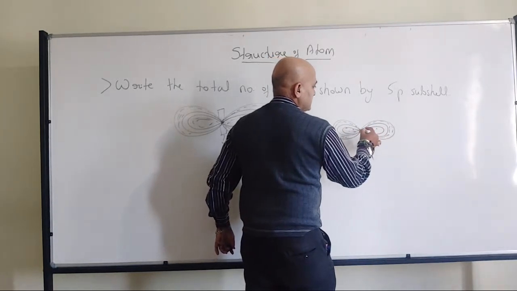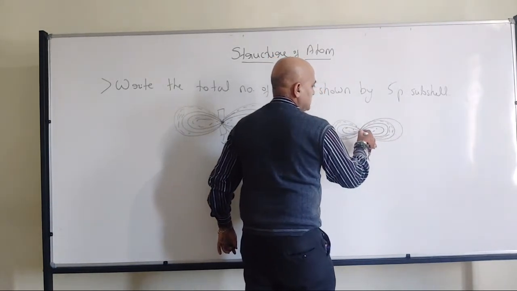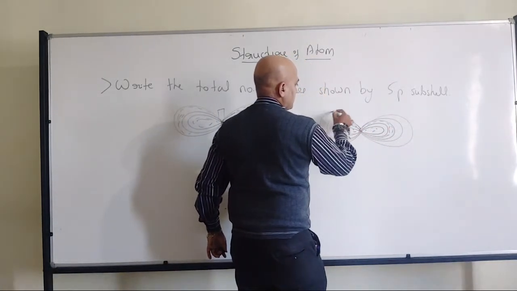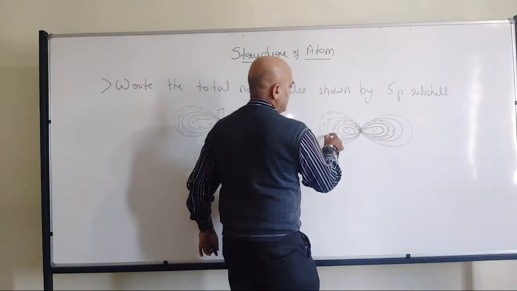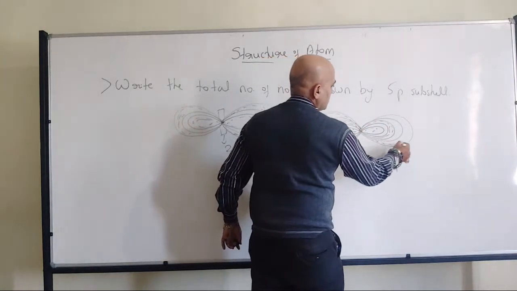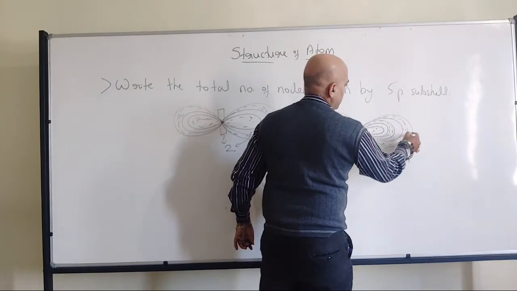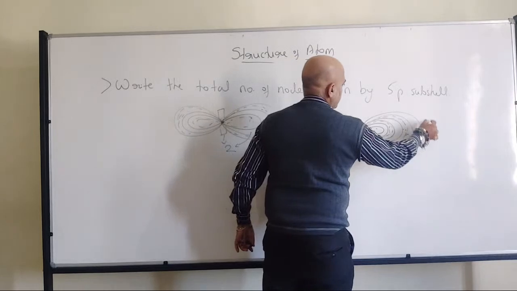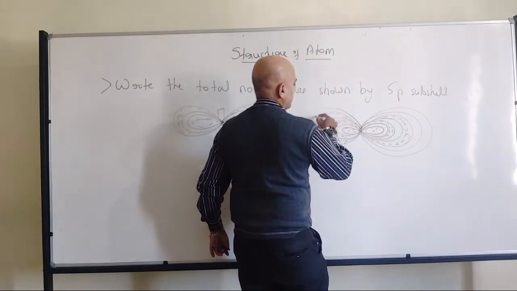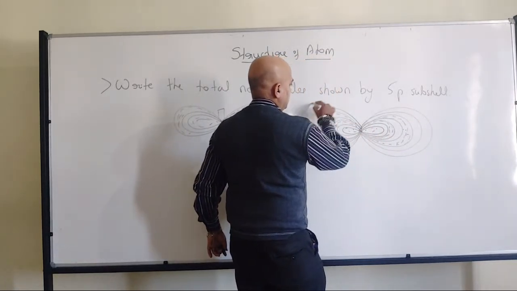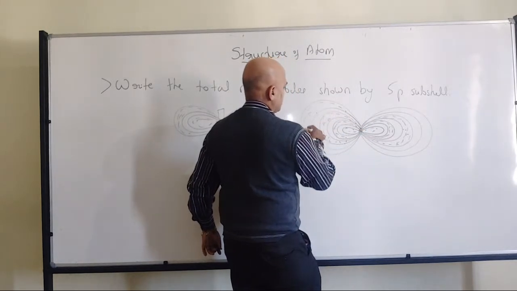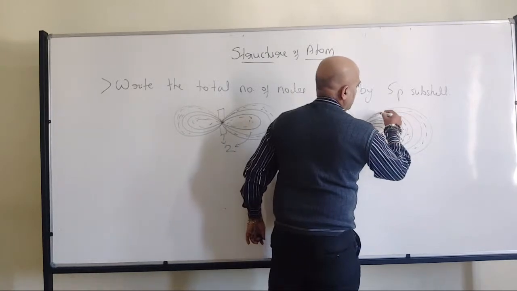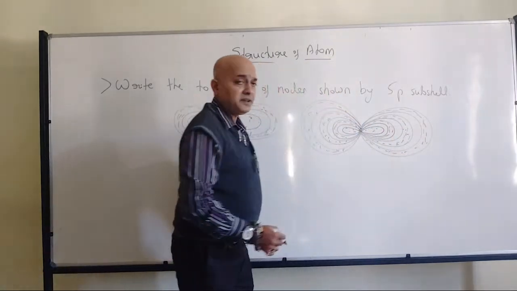So this is 3p. Now this is 4p. Then the final one is 5p. All of you can see. Fine.